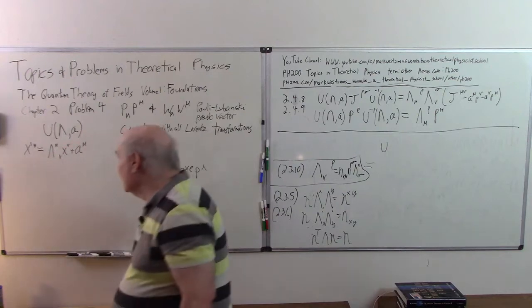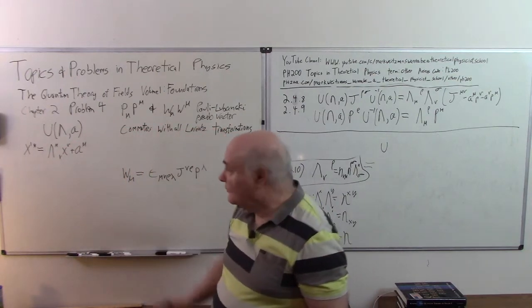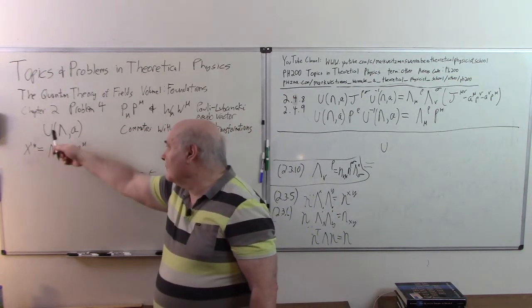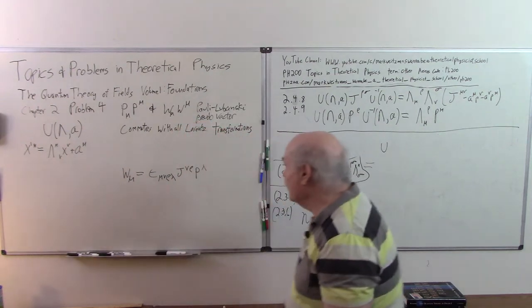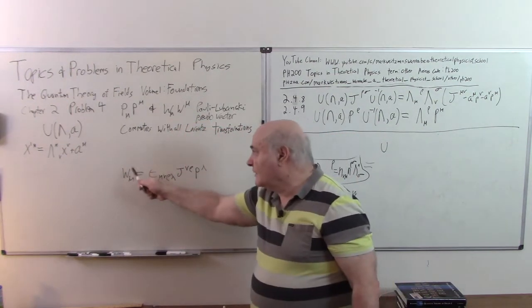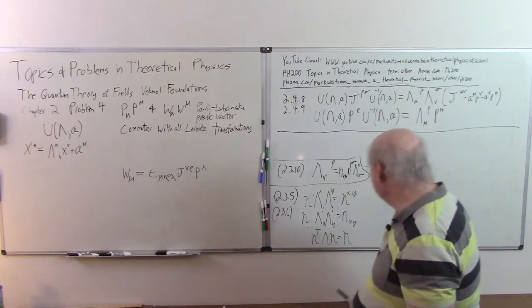As I mentioned, it's a 10 parameter group. With this transformation we associate this unitary operator, and we want to show that this vector commutes with that unitary operator.